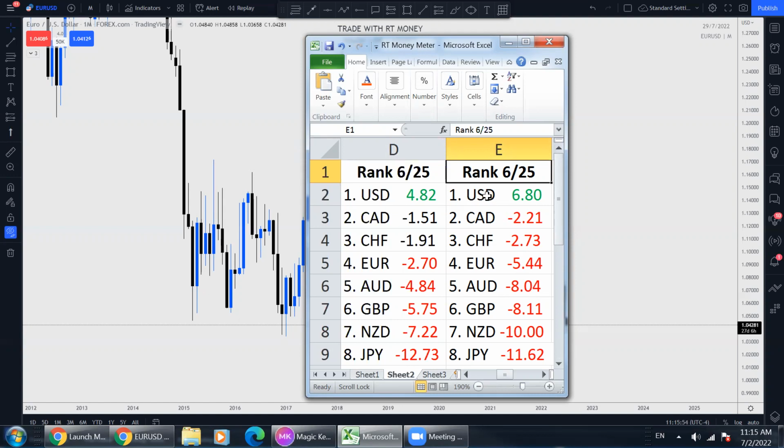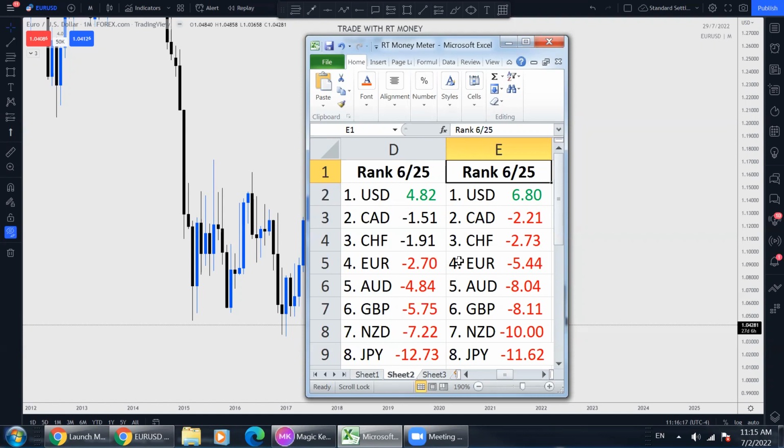So we'll see that the US dollar was at 482 last week and swung up to 680, all right? Also, Euro last week was at minus 270. This week it is at minus 544. It is going in the other direction.